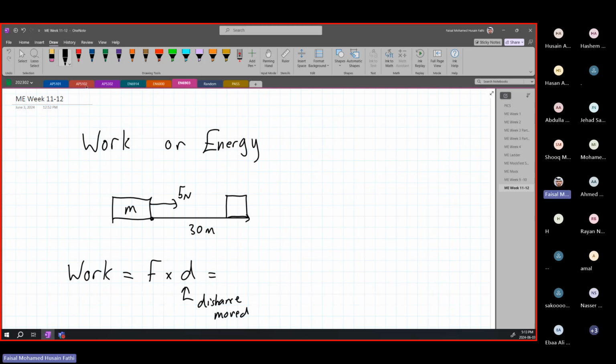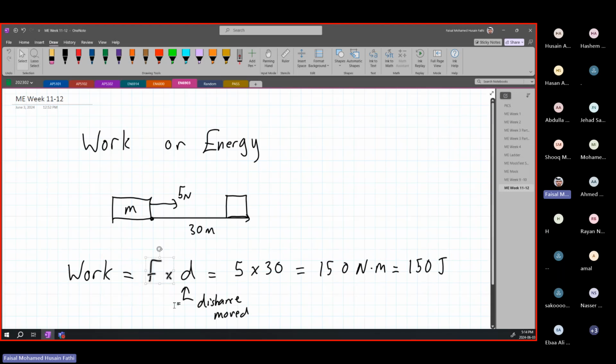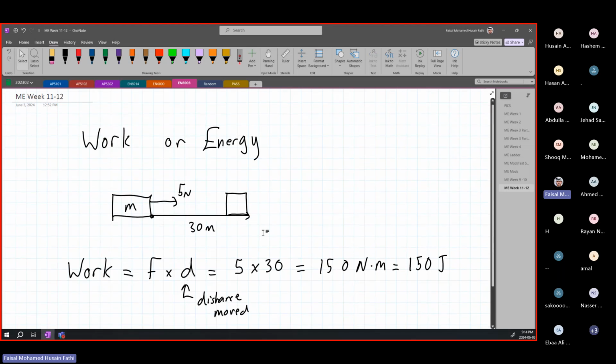So in this case, it would be a 5 newton force times the 30-meter distance, which will give us 150 newton meters, also known, in the case of energy, as joules. So this is 150 joules. The SI unit for work is joules, which is basically the force times the moving distance.